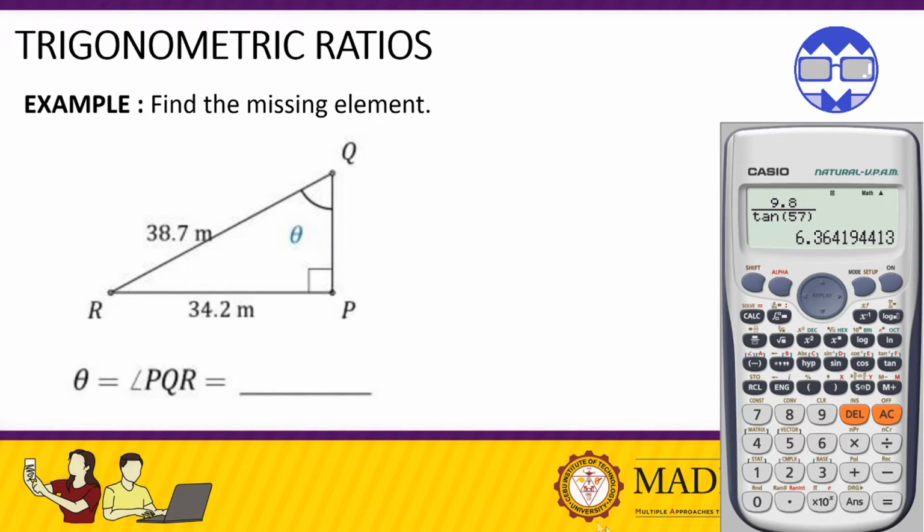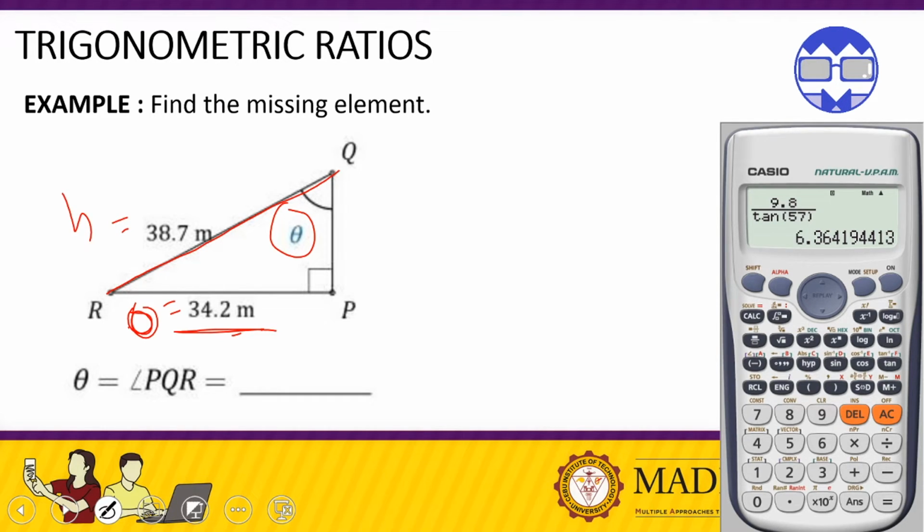Let's have example number 3 for trigonometric ratios. So what if we are missing an angle? Again, it's not anymore the side but the angle. Using our ratios, we have given here 34.2 meters, which is our opposite. And this 38.7 is actually the hypotenuse.